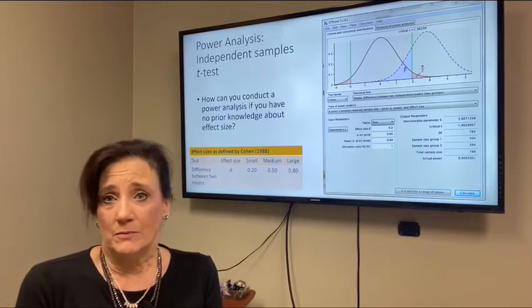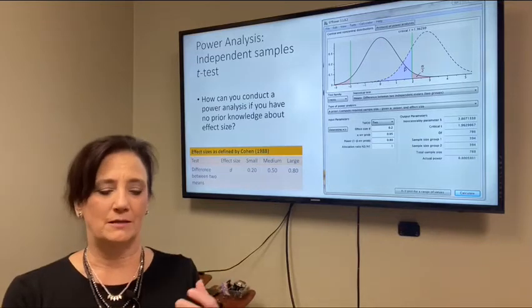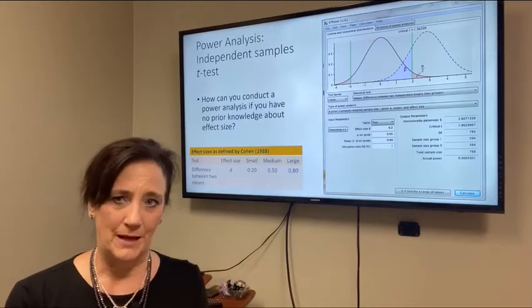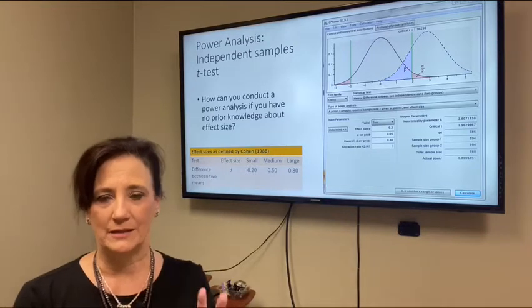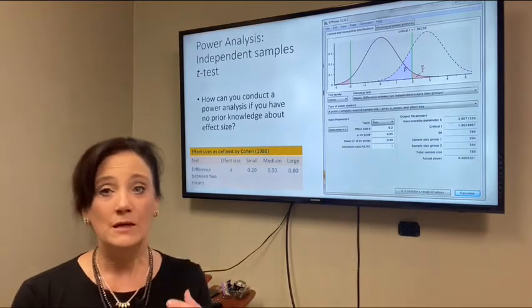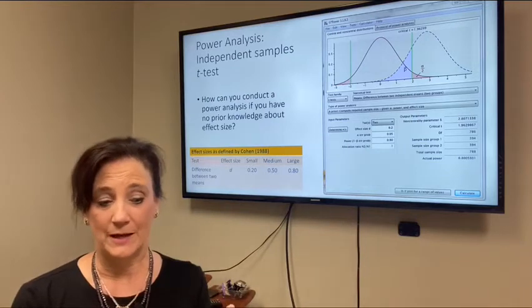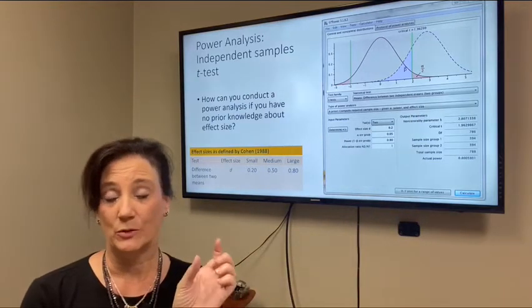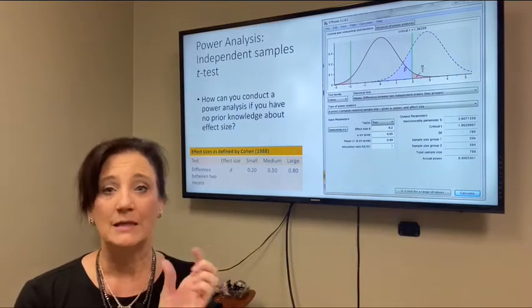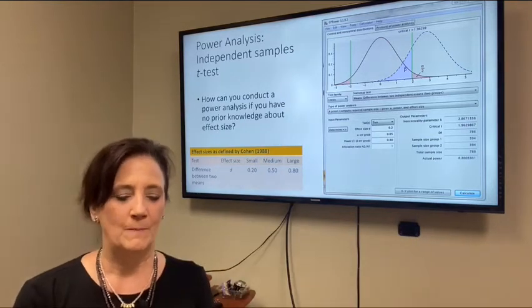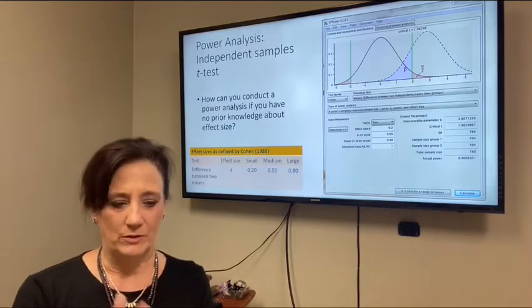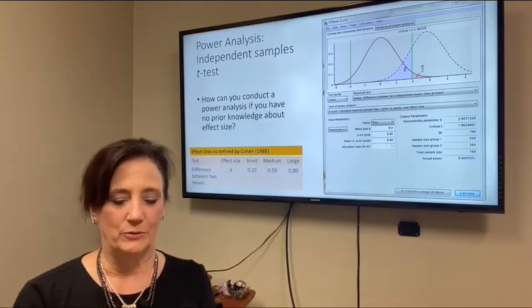If you frame it like that, then that leaves it to your reader to make their judgment about where they feel like it is in terms of small and medium. You've just been real transparent about saying there's a wide range between 0.2 and 0.5, and the effect size for this study falls between those two. And then, of course, the same going from medium to large, 0.5 to 0.8.